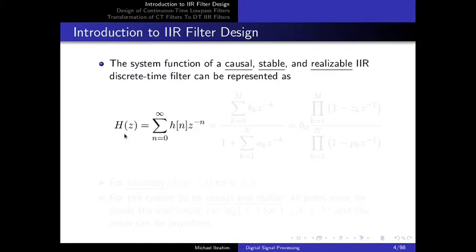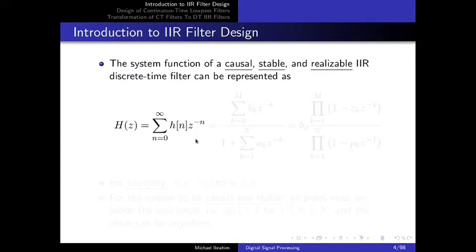So computing the system transfer function, or the z transform of the impulse response, it will be summation from n equal to 0 up to infinity h of n z to the power minus n. Again, we are starting from n equal to 0 because we're talking about a causal filter. For causal filters, the impulse response h of n is 0 for n less than 0.